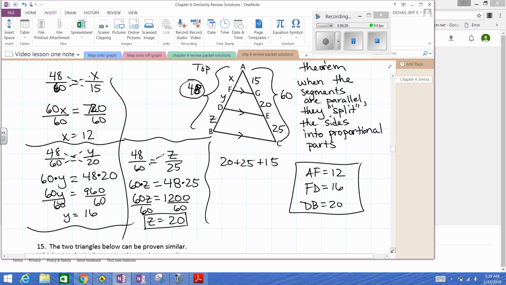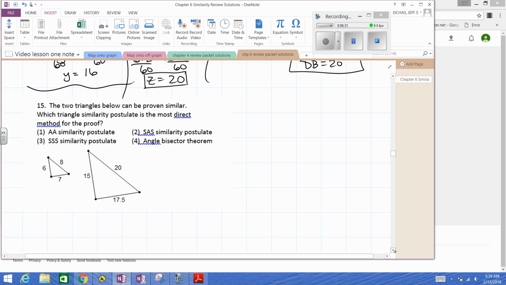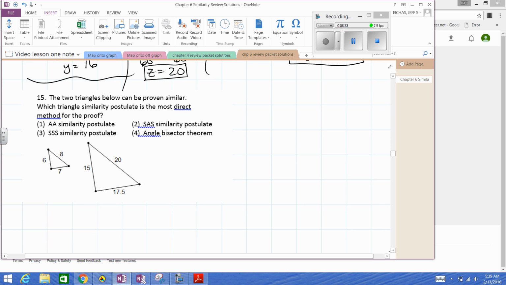So we've got another one to do here. All right, the two triangles below can be proven similar. Which triangle similarity postulate is the most direct method for proof? Well, they haven't given us any angles, so it's probably not this one or that one. Angle bisector theorem, that's not what we do. To prove triangles similar, let's check proportional sides.